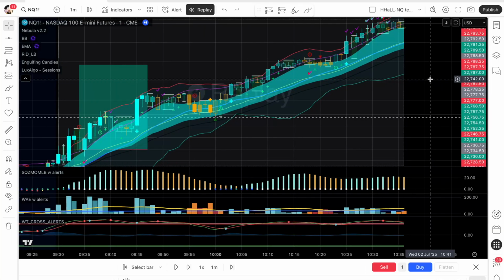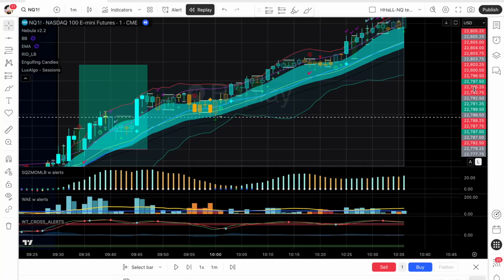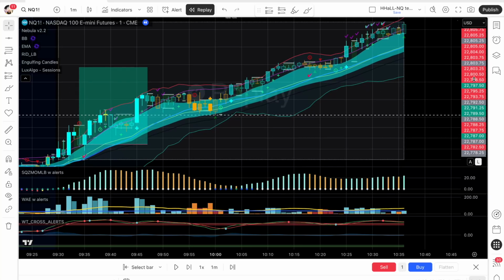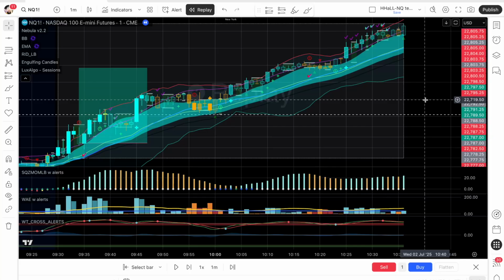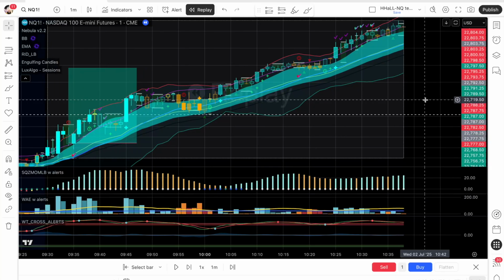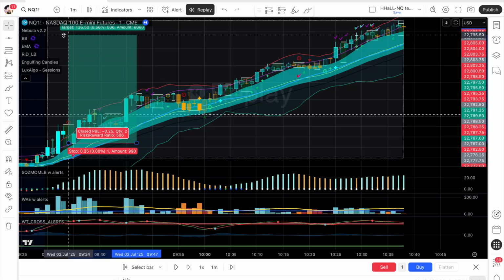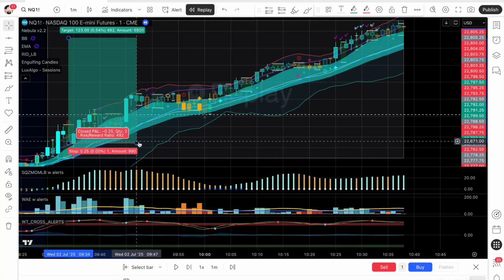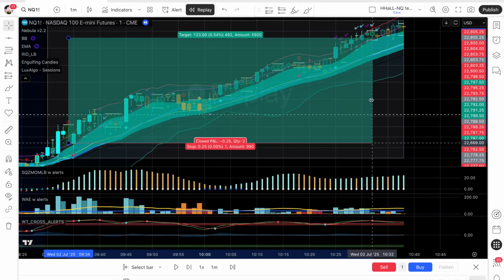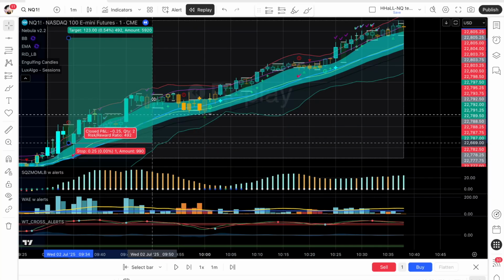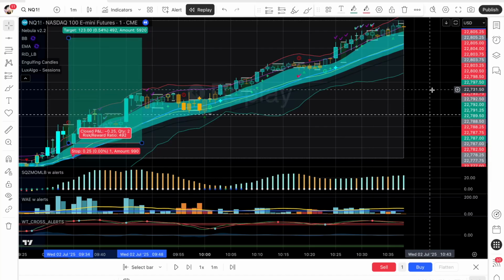So how far up are we going to go? Let me adjust the size of this a little bit. And if we saw those check marks and wanted to get out when we saw those check marks, we'd be at roughly 123 points of gain. So the trade is looking excellent.